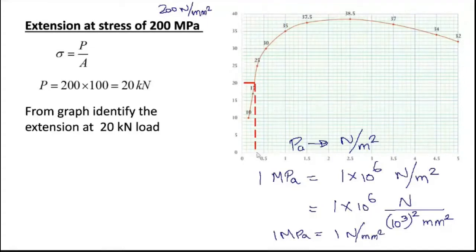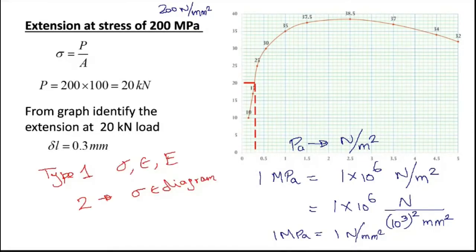So I'll identify my change in length, which is around 0.3. They are asking for extension, which is what we are indicating here. So this is one problem related to the laboratory point of view. When you solve this in a practical way, we will be doing something like this. So next we will go for a few more topics.